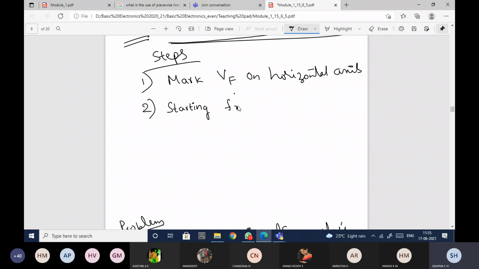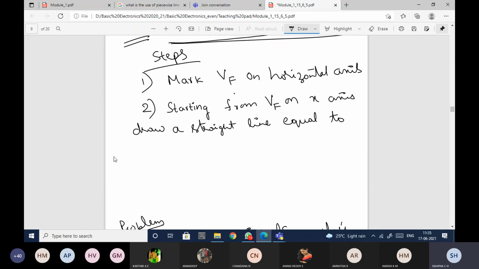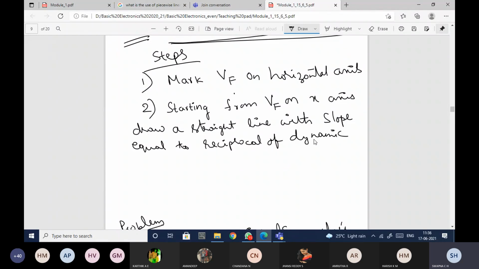Starting from VF on the x-axis or horizontal axis, draw a straight line with slope equal to the reciprocal of the dynamic resistance. Okay, so these are the two steps.